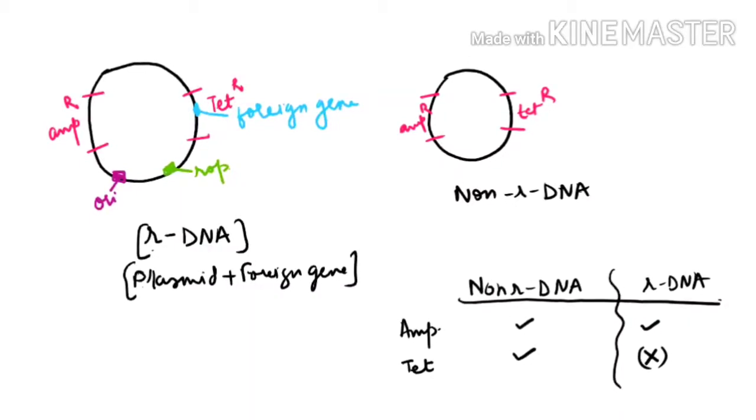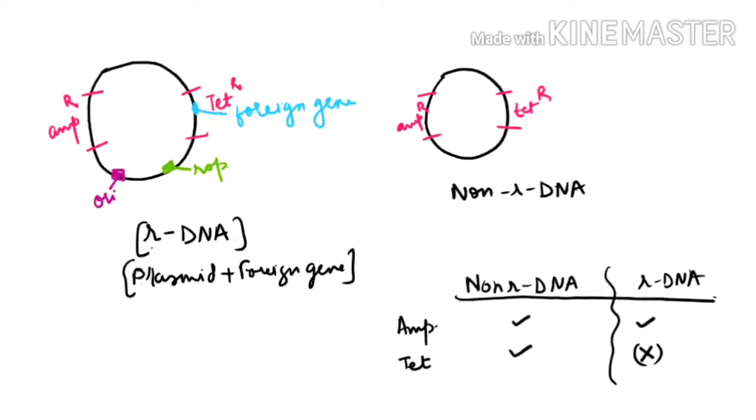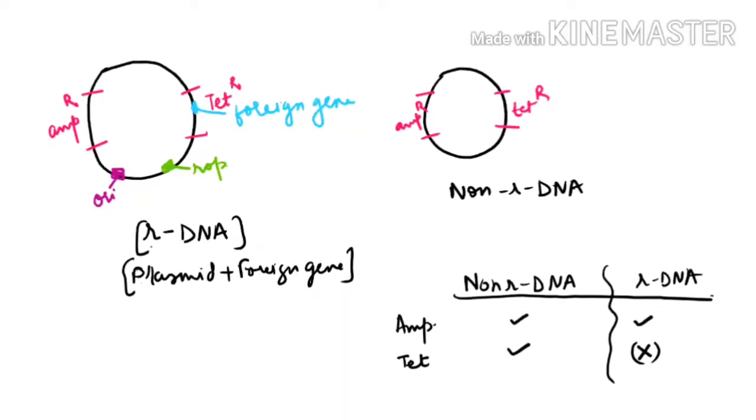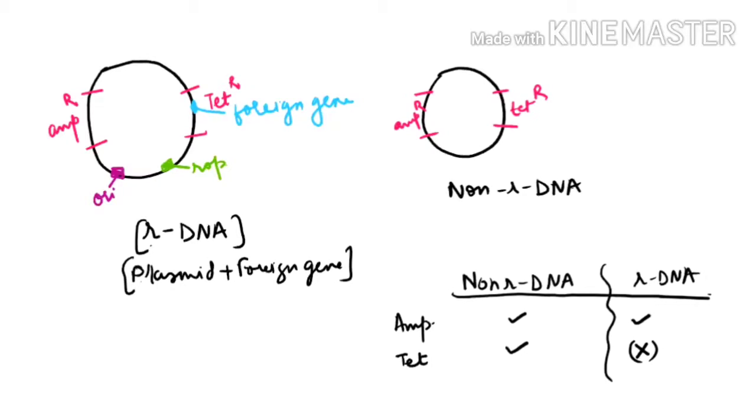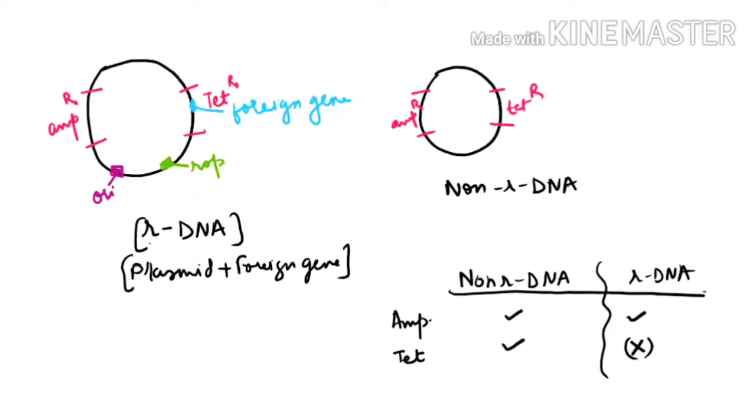It will not be able to survive because they are nothing, they are DNA only, but I'm just trying to emphasize it, these marker genes are helping you to identify. And if you see carefully, because of the insert, your gene has become inactivated. We call this insertion inactivation. Is it clear?